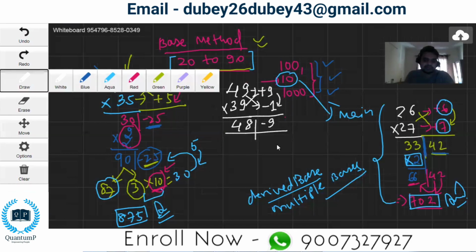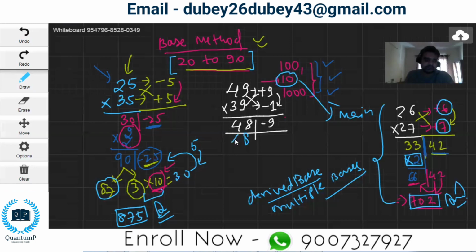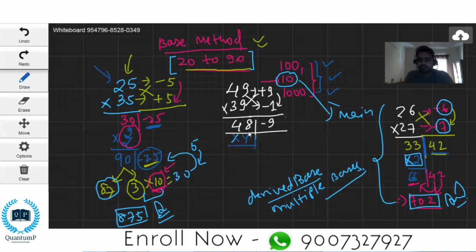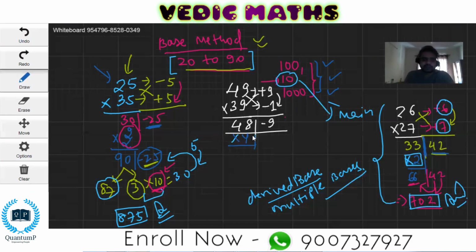Then we'll write 48 times 4. To multiply 48 times 4, we can do 48 times 2, which is 96, and 96 times 2, which is 192. This stepwise multiplication we can do. So 192, and this side is minus 9.